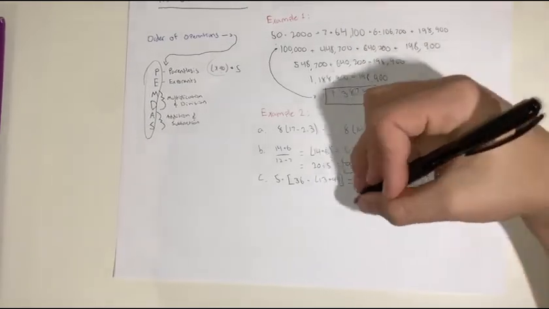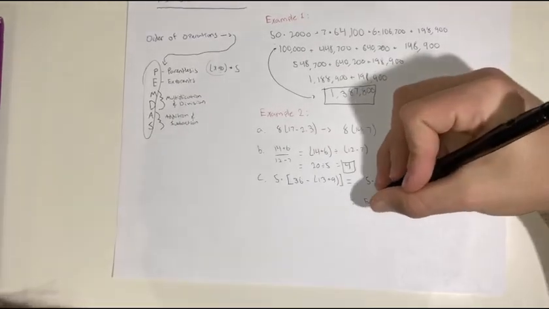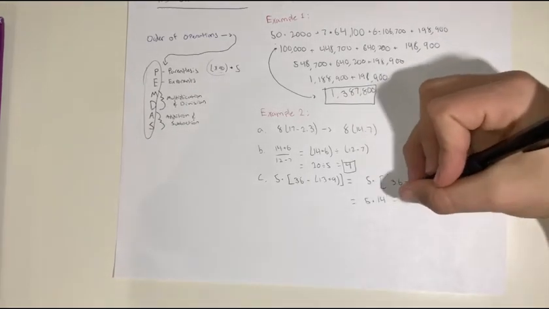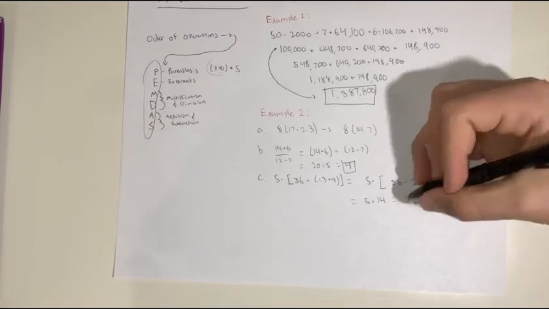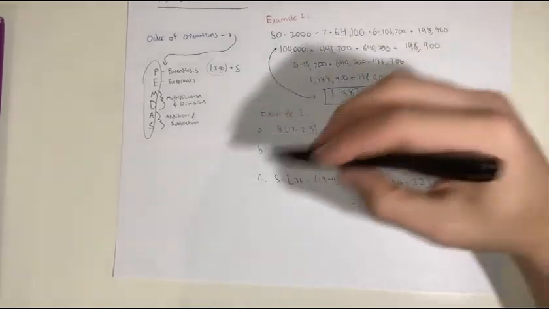And then you get this to be 5 times 14, which is what's inside this parentheses, which would be 70. That's how you go from left to right, but using PEMDAS.